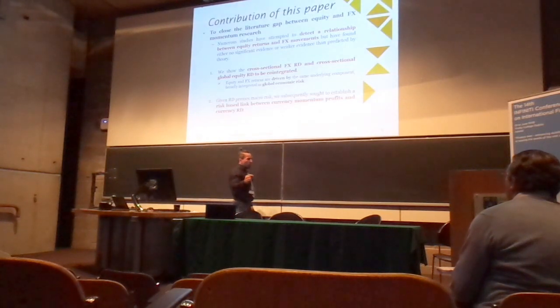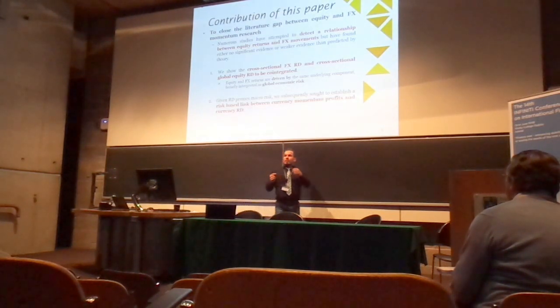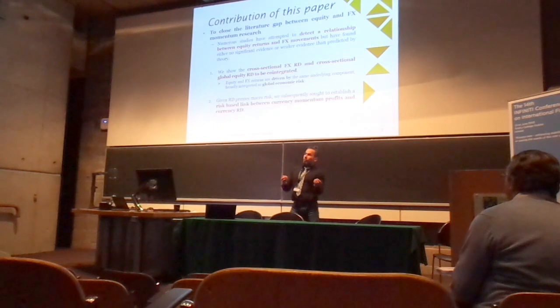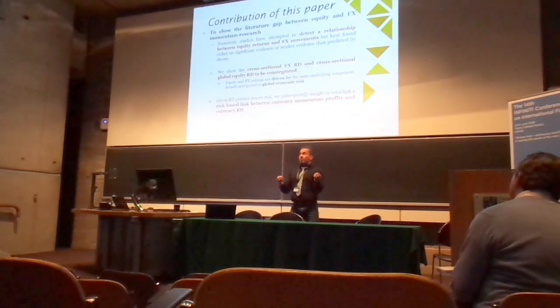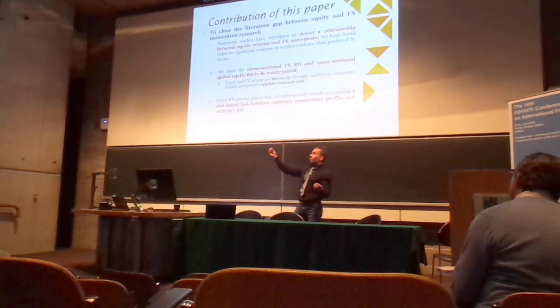Second, what we show is when currency return dispersion is low, the payoff of the momentum anomaly in currency markets is very, very low. As we move to a state where the currency return dispersion is high, the payoff is about 1% higher, with t-statistics of between 3 and 5.